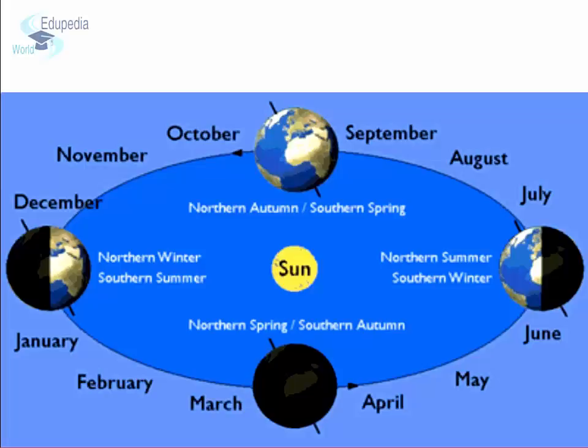Between 21st March and 23rd September, the North Pole remains tilted towards the Sun. Between 23rd September and 21st March, the North Pole is tilted away from the Sun while the South Pole is tilted towards the Sun. You must have noticed that days become longer in some seasons than night and vice versa.